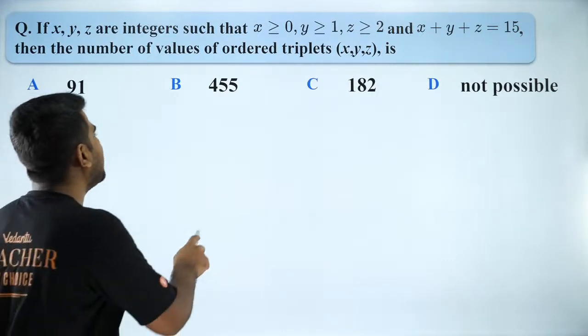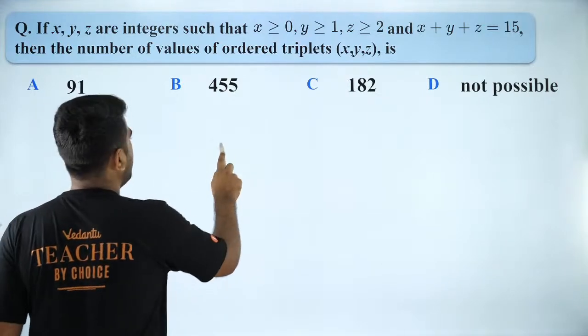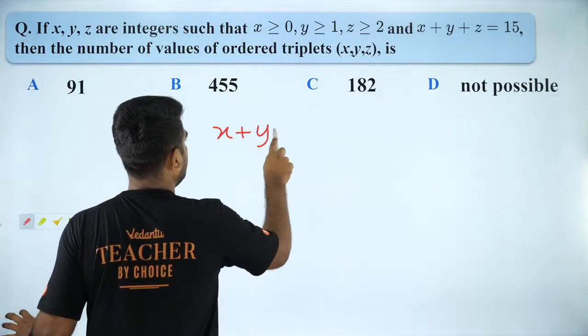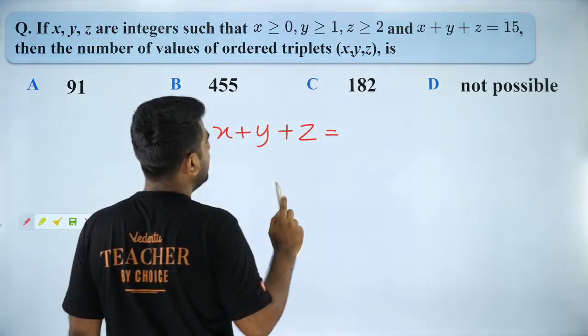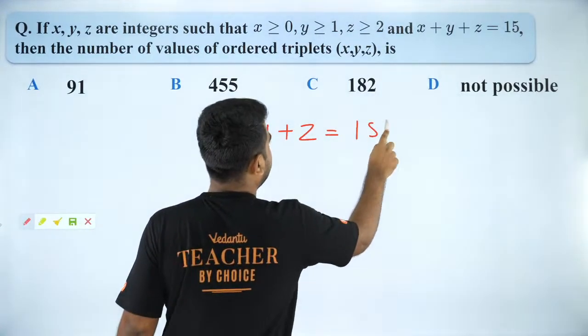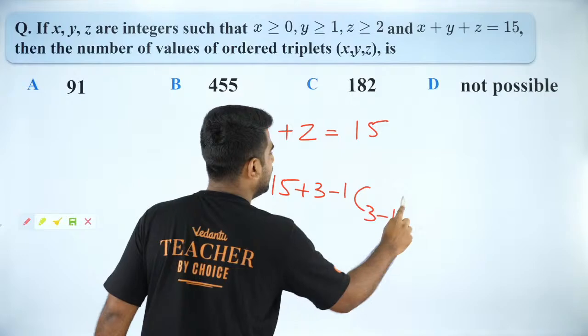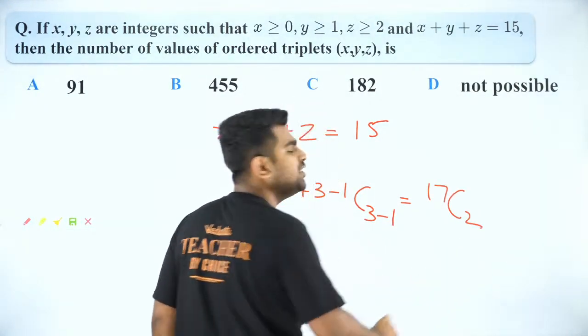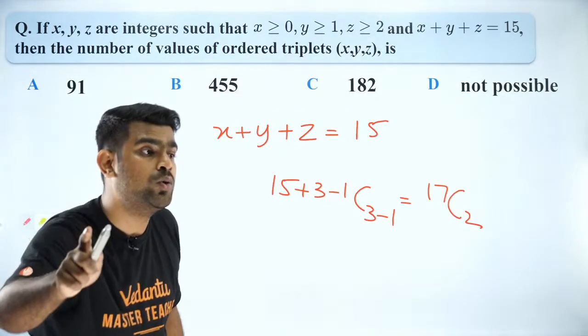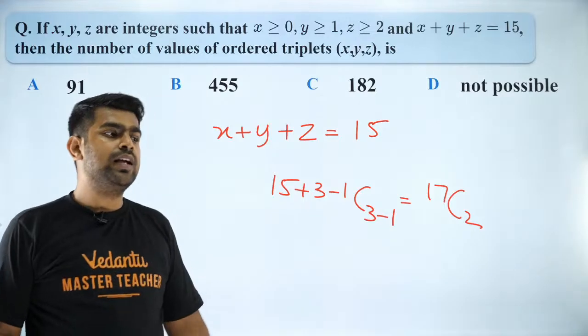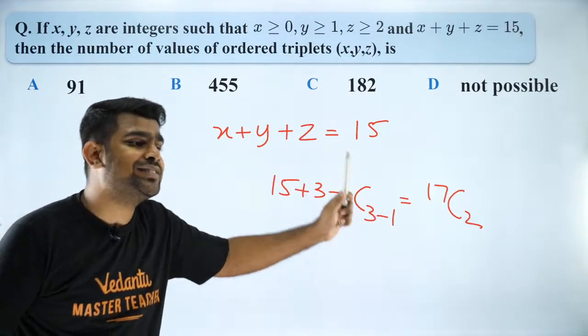So can I directly solve it like this? x plus y plus z is equal to 15. So can I say it is 15 plus 3 minus 1 C3 minus 1, which is 17C2, which Kashyap said? No, that is wrong. Why is that wrong?